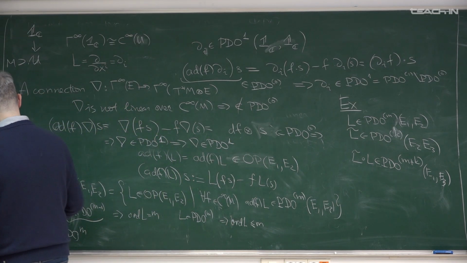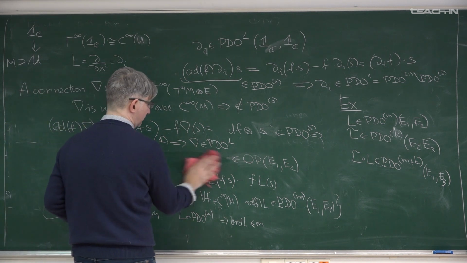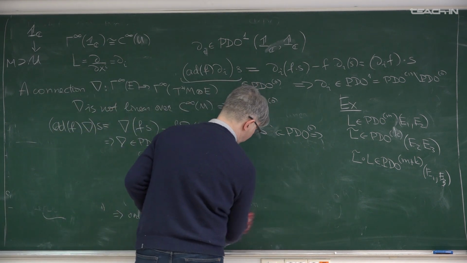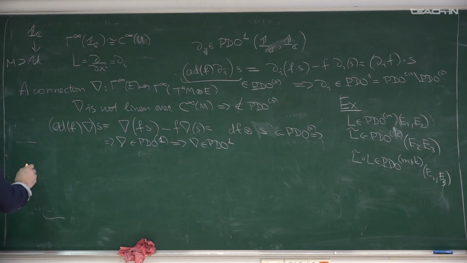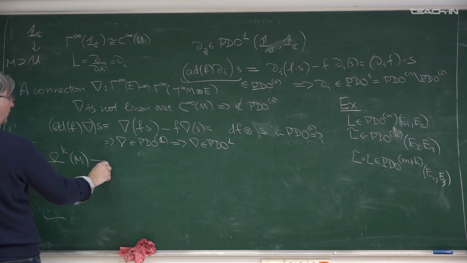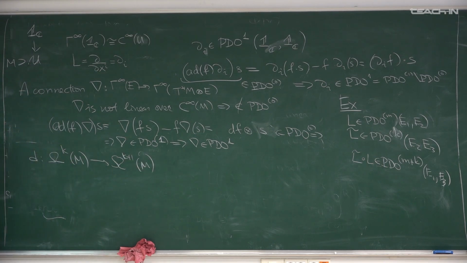Well, we have another differential operator: the exterior derivative. Let us see what we can say about the exterior derivative, d, which works from k-forms on M to (k+1)-forms on M. First of all, I need to rewrite these as sections of some bundle.